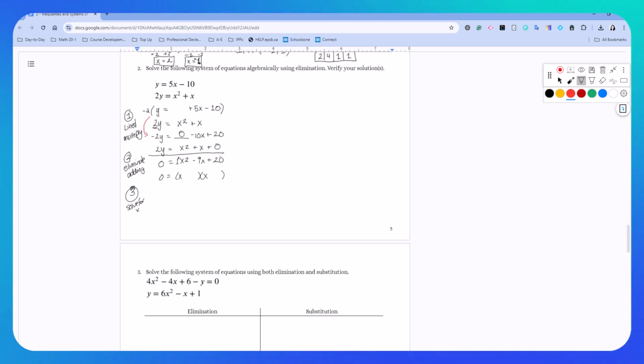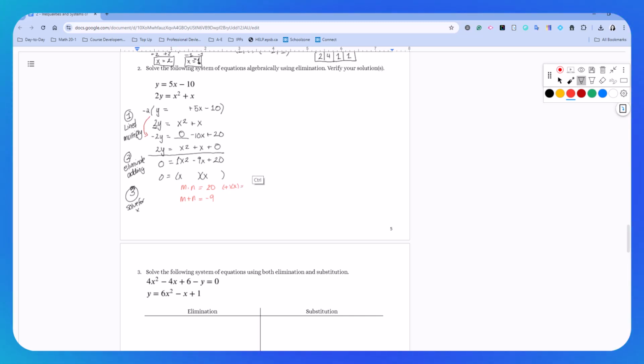We're going to look for two numbers, m times n, and that's going to give us a positive 20. And then we're going to say m plus n is going to give us that middle term of -9.